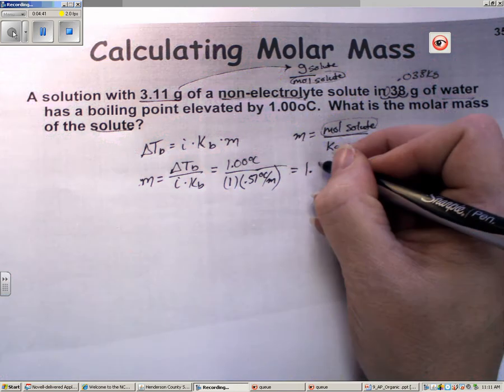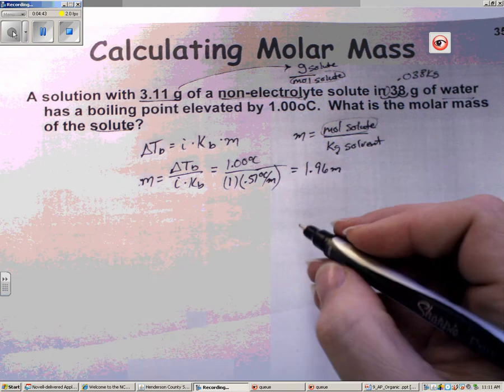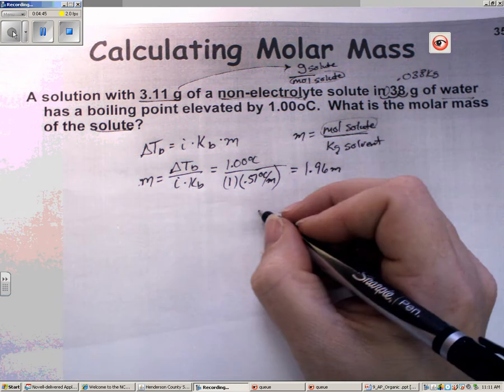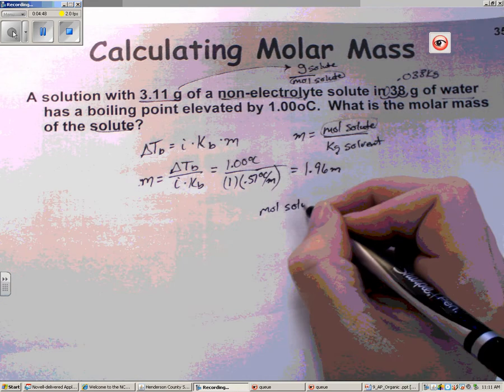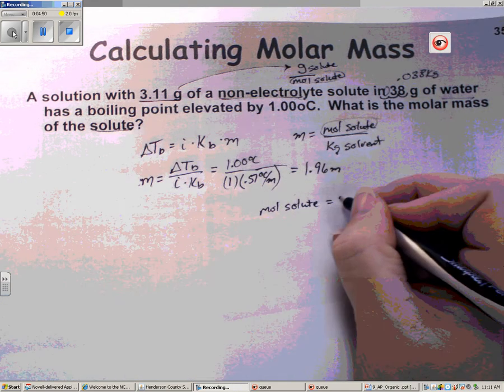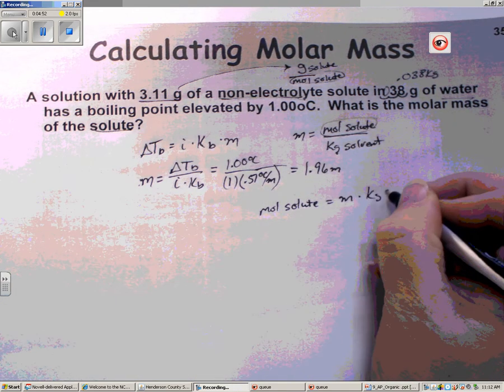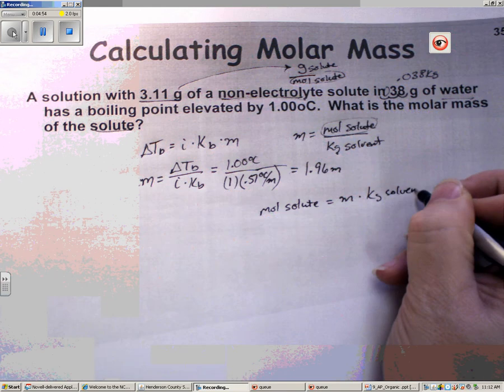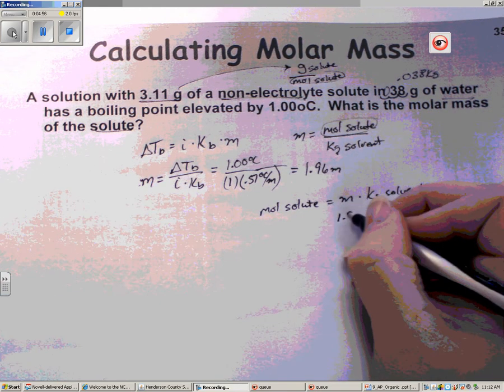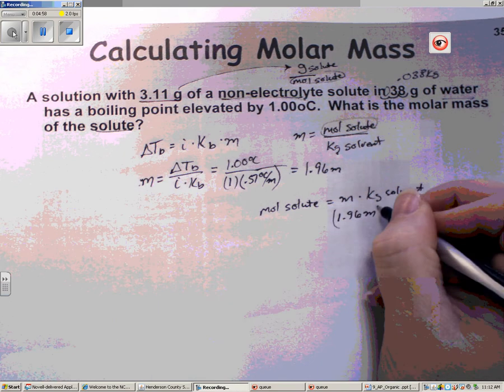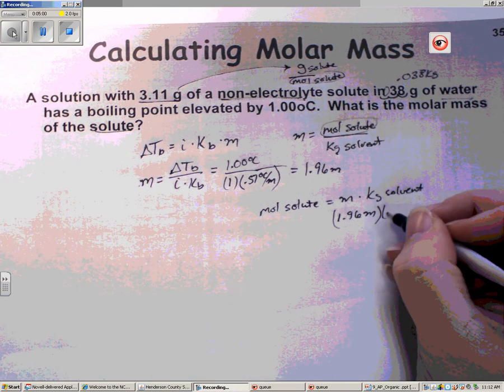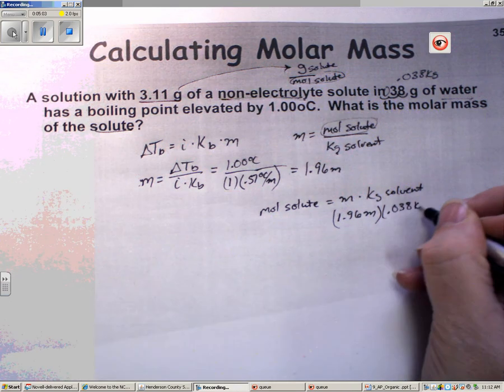I got 1.96 molal. Then I'll use this equation to solve for my moles. Moles of solute is equal to molality times kilograms of solvent. My molality is 1.96 molal times kilograms, and to make sure it is kilograms, 0.038 kilograms.